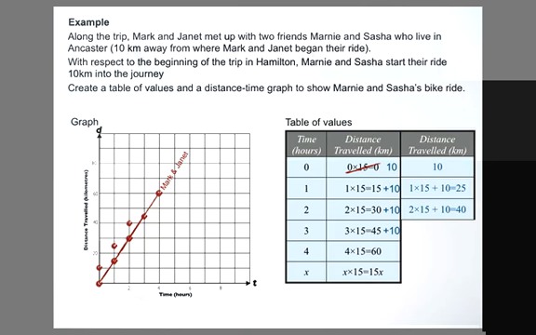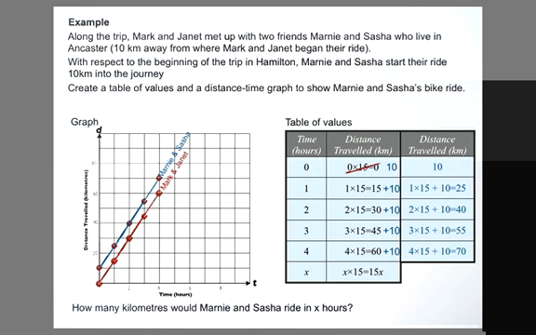For 3 hours, they're 45 plus 10, or 55 kilometers away. For 4 hours, they're 60 plus 10, or 70 kilometers away. And now that we've plotted the points, we can connect them with a line. And we'll label our line Marty and Sasha.